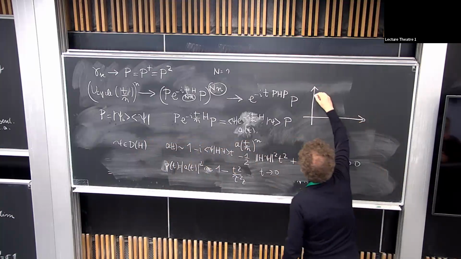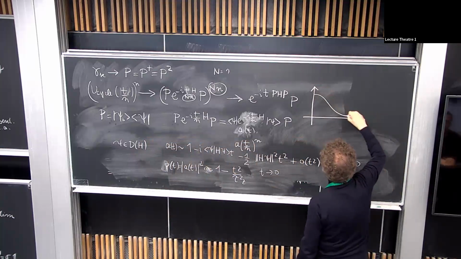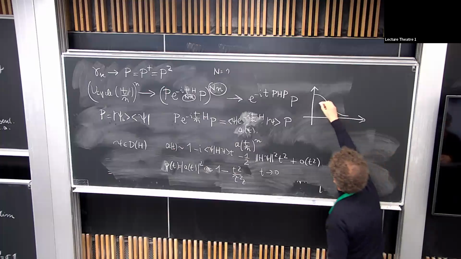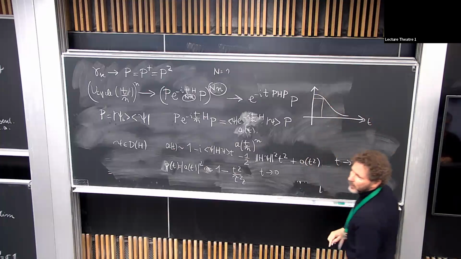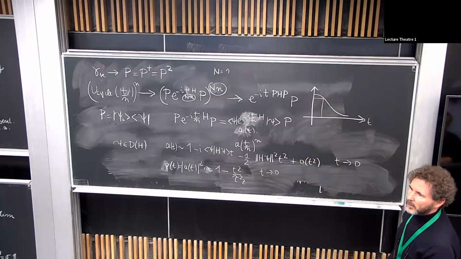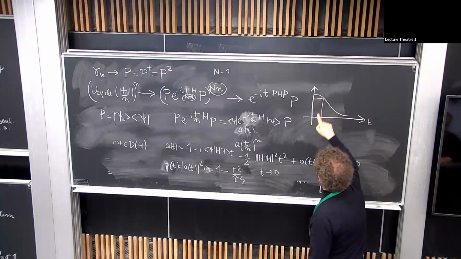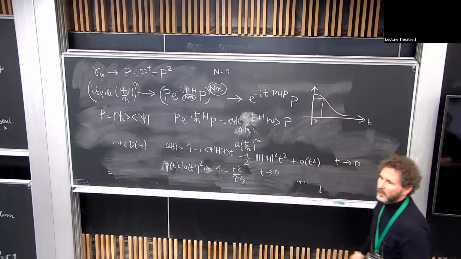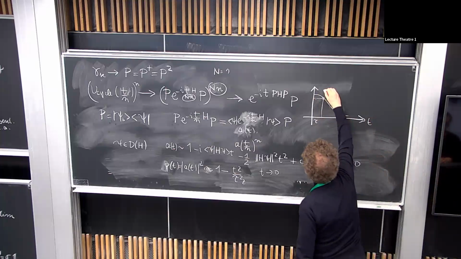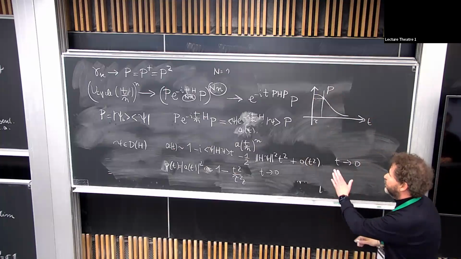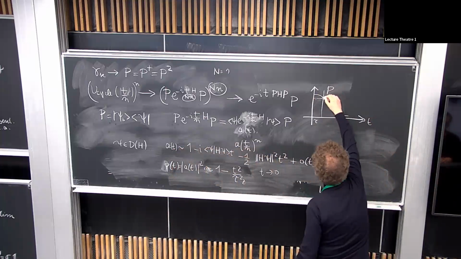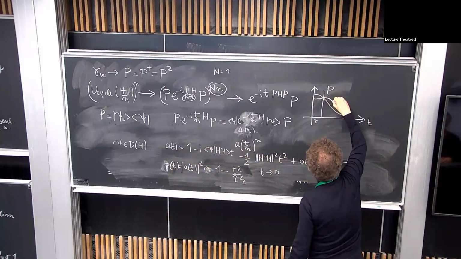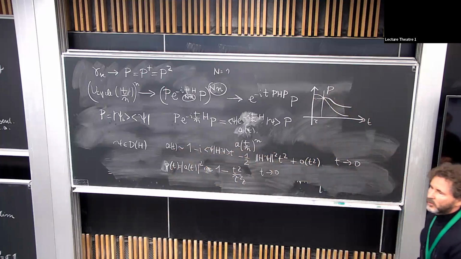This is the survival probability with no measurement. It's quadratic for small time. Now, suppose you measure with a certain tau. Here, you get a projection, you are projecting the state back. So the survival probability will be like this. So this is with one measurement.